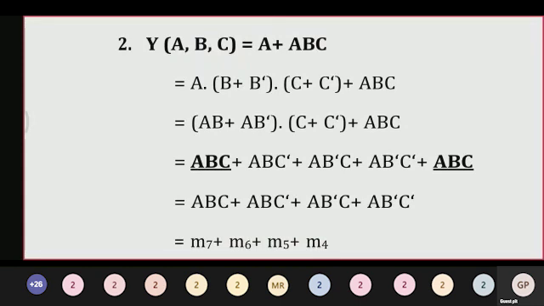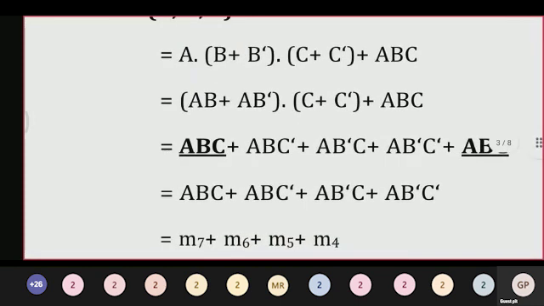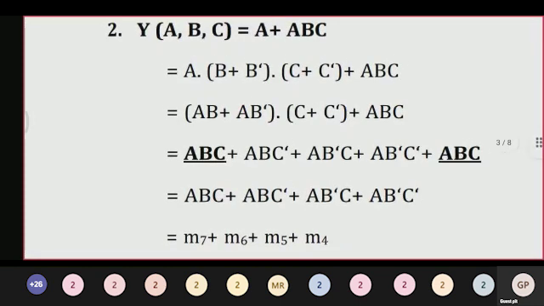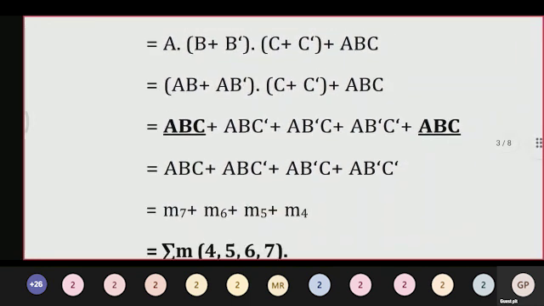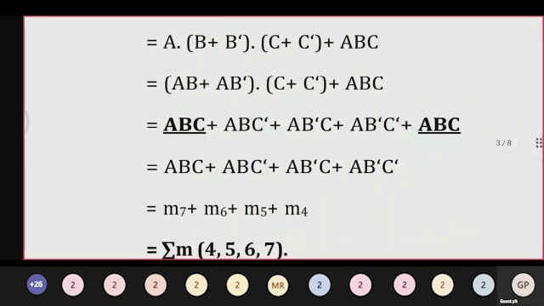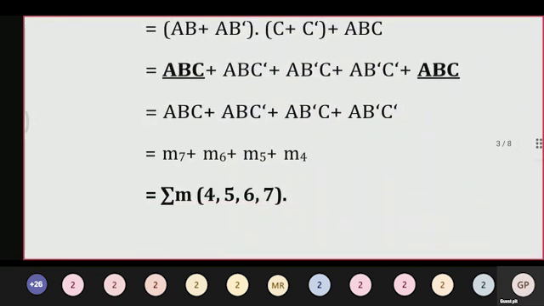Now, you have to check whether any product terms are repeating. The product term ABC is repeating. So you need to neglect one product term. Then this expression will become ABC plus ABC bar plus AB bar C plus AB bar C bar.